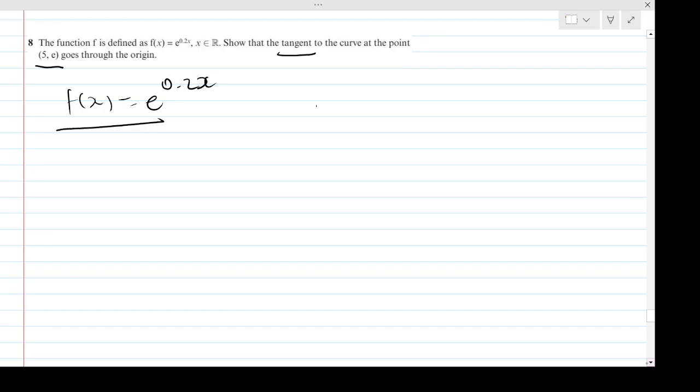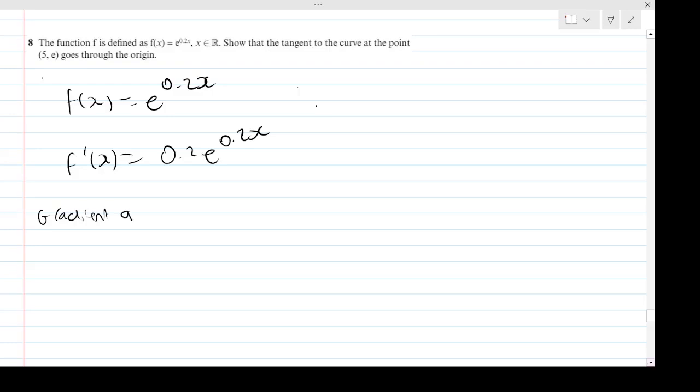So if this is f of x and the gradient f dash of x, if I differentiate this, well, the 0.2 would go to 0.2 e to the 0.2x. Then that's my gradient function, and the gradient at this point here, the gradient at 5e, well, x is 5.